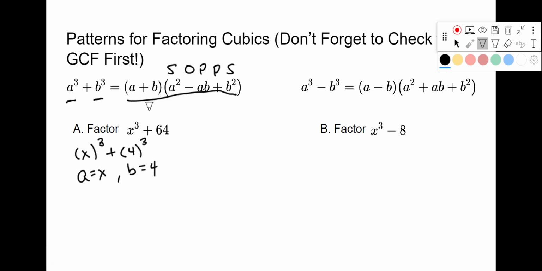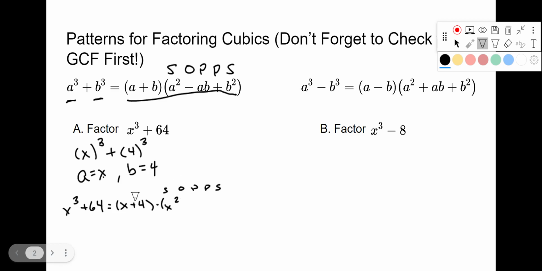And now we're going to apply this formula. So x cubed plus 64 will factor as, okay, so we're just going to use a plus b, because that's a plus. So that's x plus 4, that's my first factor, times, and then we're going to do SOPPS. Square a, so that's x squared.